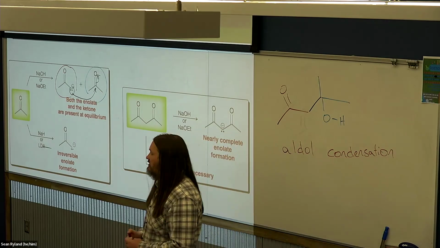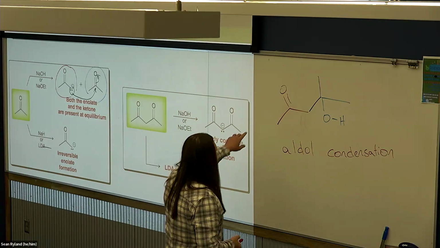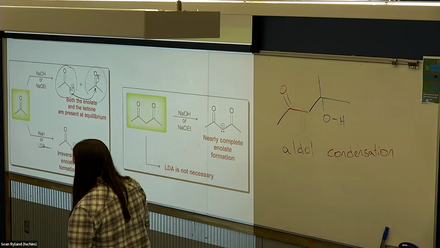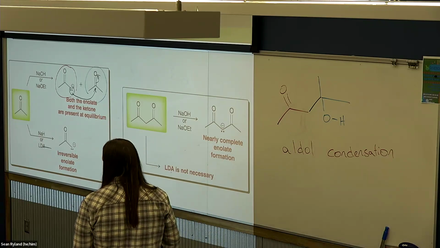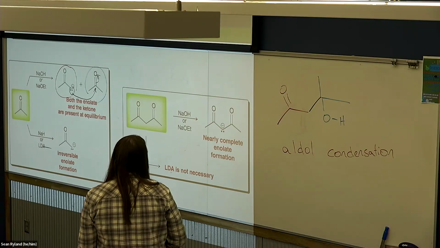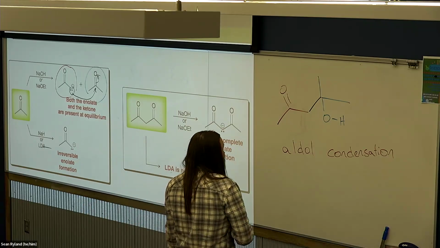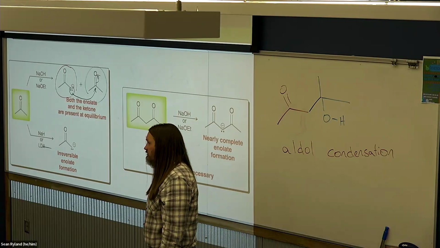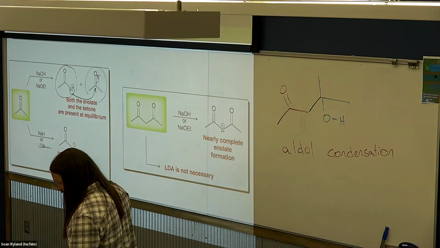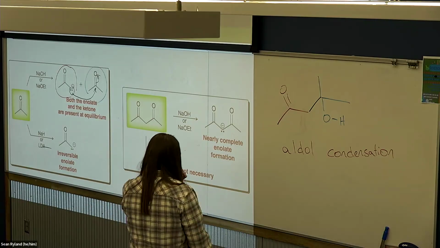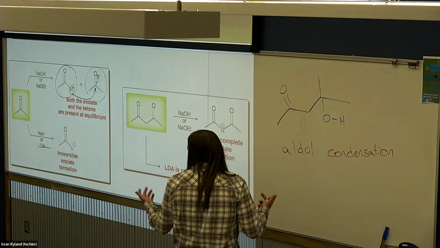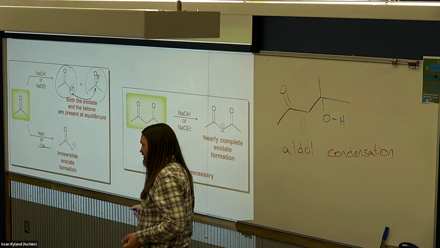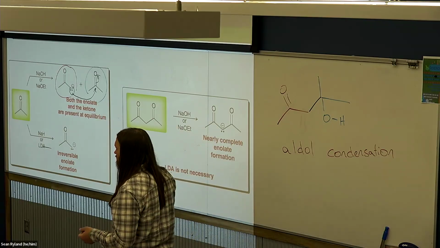This product is called an aldol, even though this isn't an aldehyde. Basically, if it's a class 2 carbonyl, aldehyde or ketone, we call this an aldol. And condensation just means that we took two things and stuck them together into one larger thing. Like if you picture two water molecules running into each other and sticking to form a water droplet.